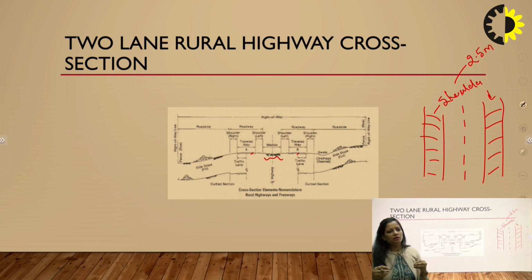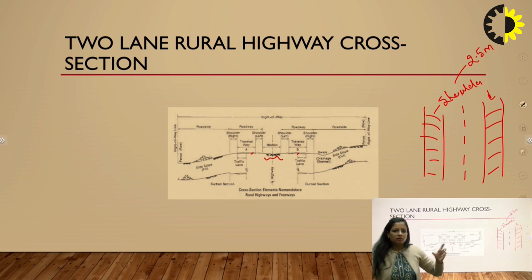a vehicle which is not running right now can be parked somewhere. So the main purpose of providing a shoulder is that if any kind of accident happens, we need to take those vehicles outside the carriageway width.